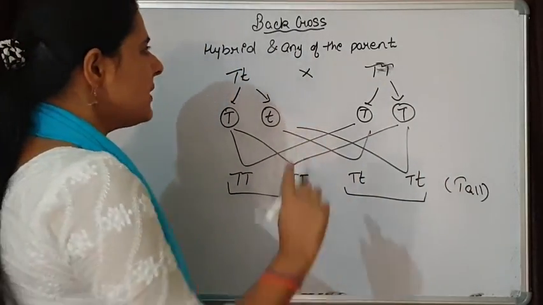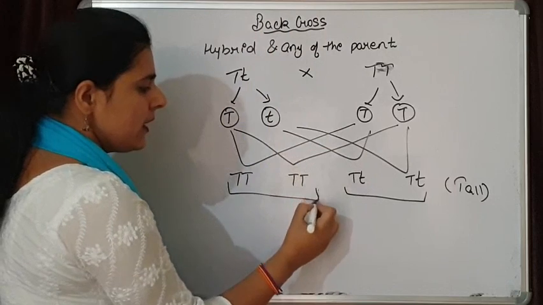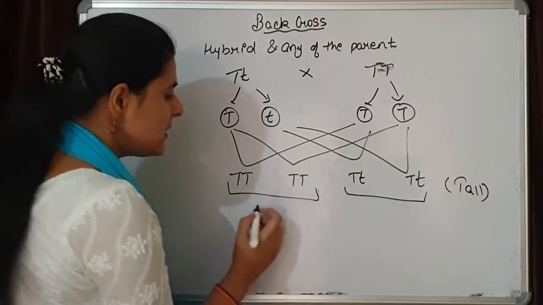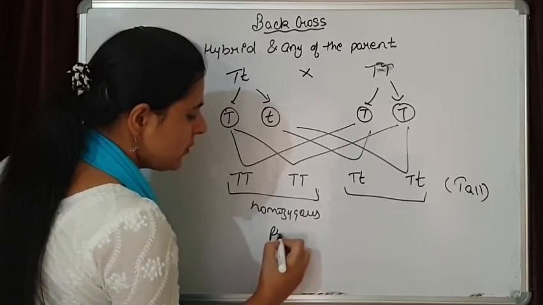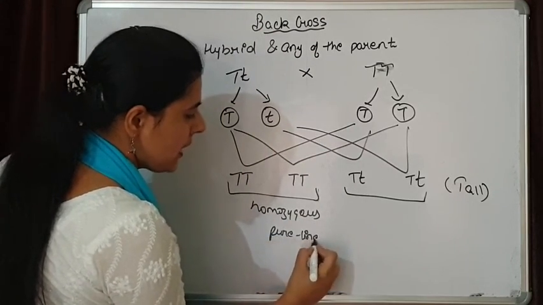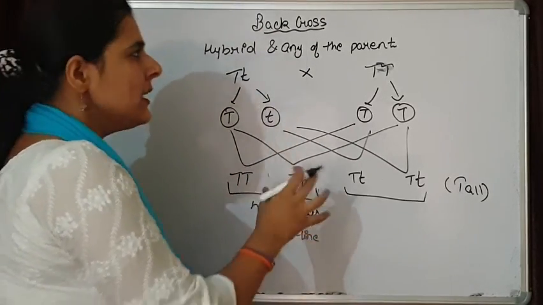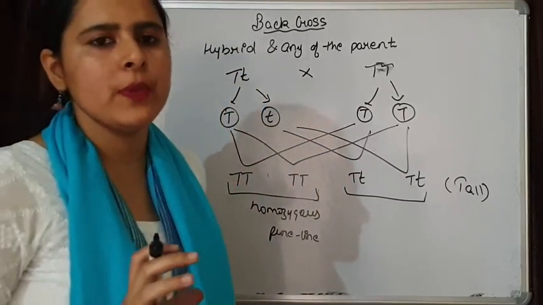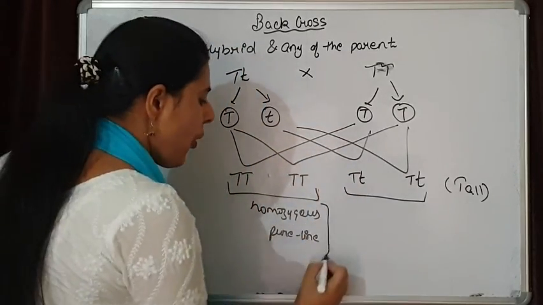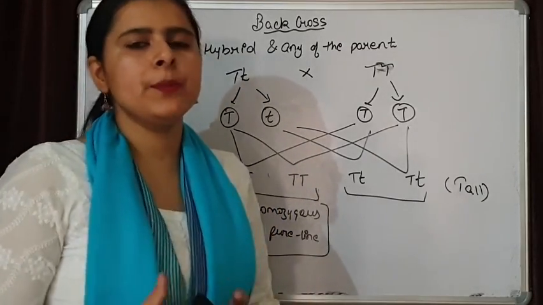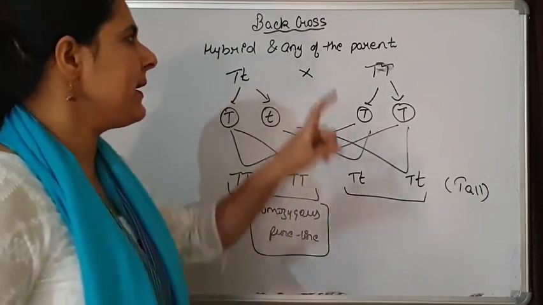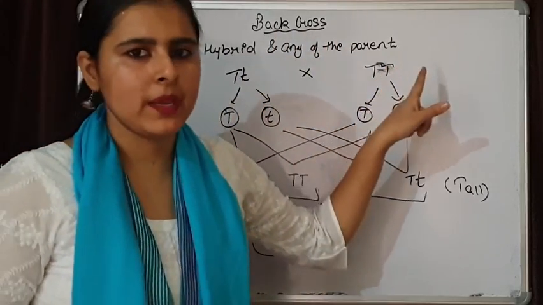Back cross is basically performed to get these homozygous, or we can say pure line plants. These are pure line plants, they are always going to produce tall plants. So the basic aim behind performing a back cross is to obtain pure lines. So pure lines of animal breeds or plant breeds are obtained by performing back cross.